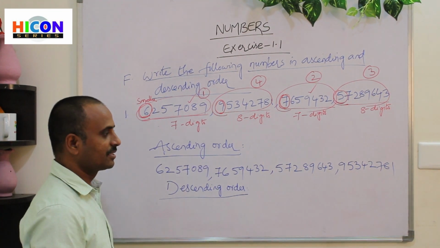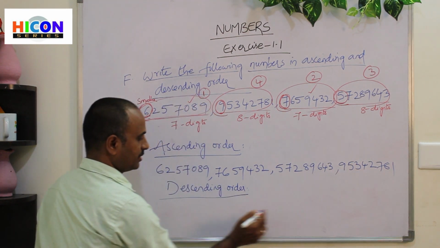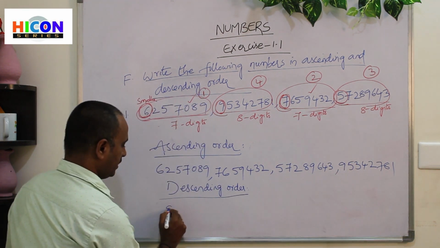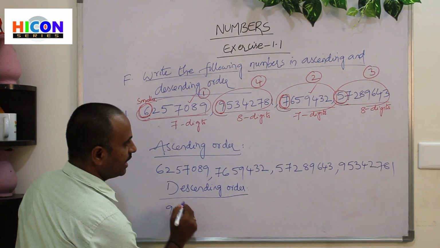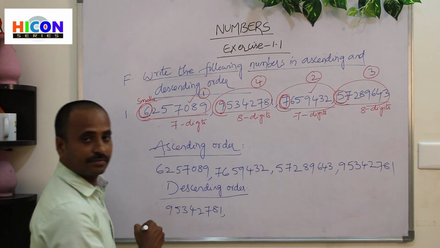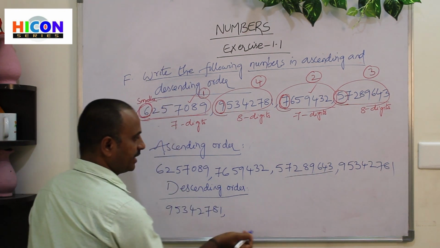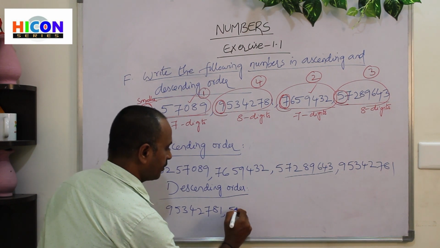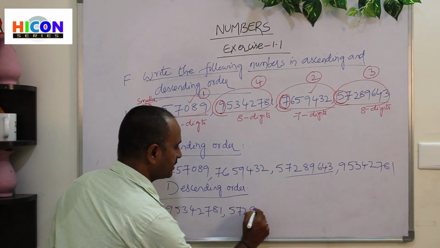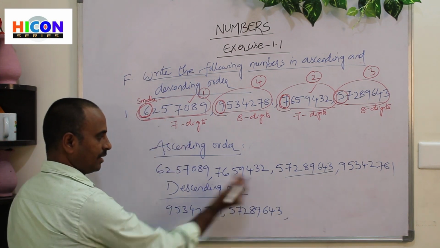That means we have to write this last number first. That is 9 crores 53 lakhs 42,781. The third number should be written second, that is 5 crores 72 lakhs 89,643.